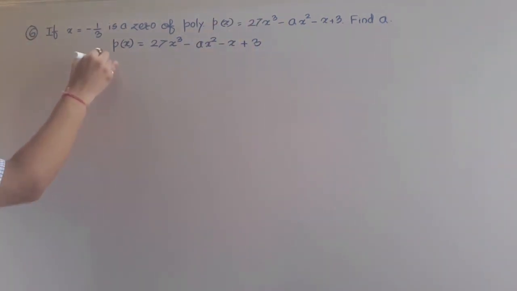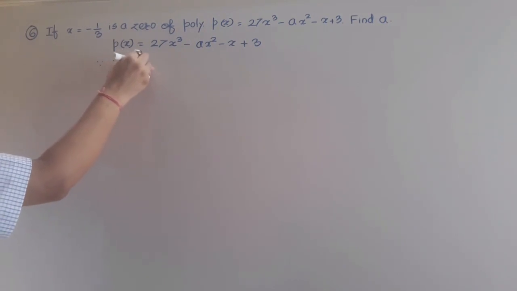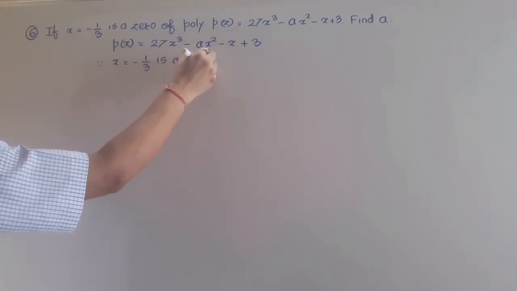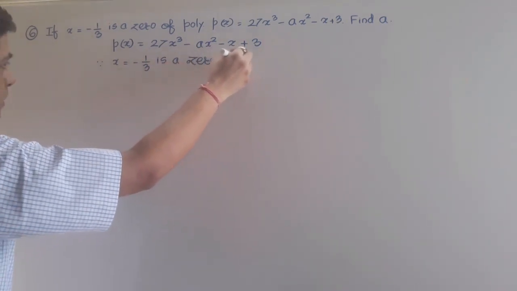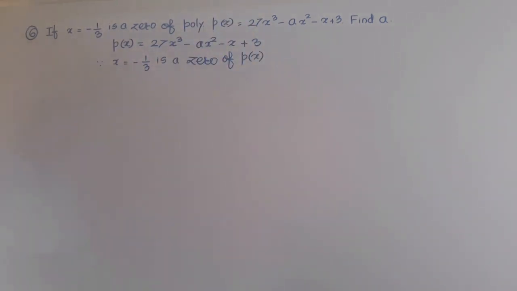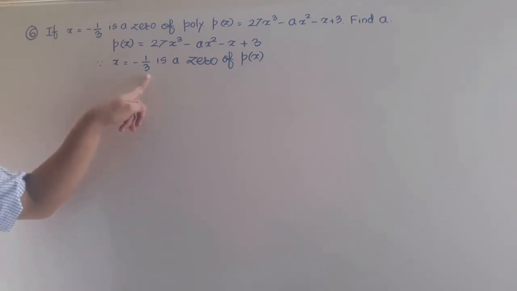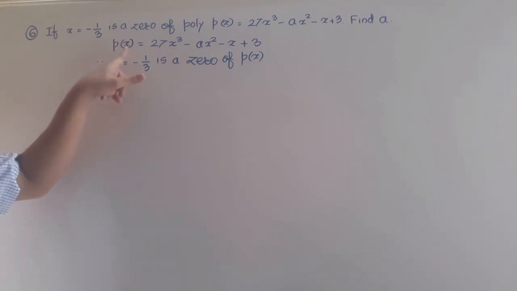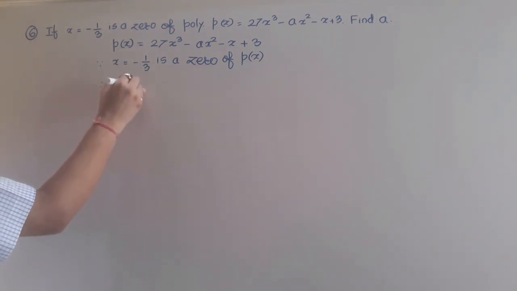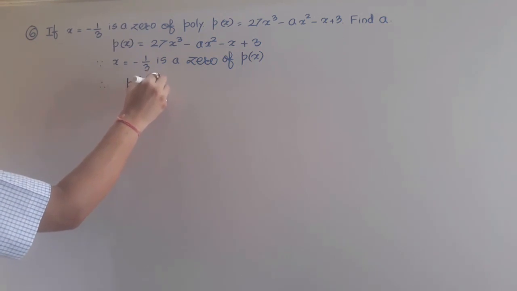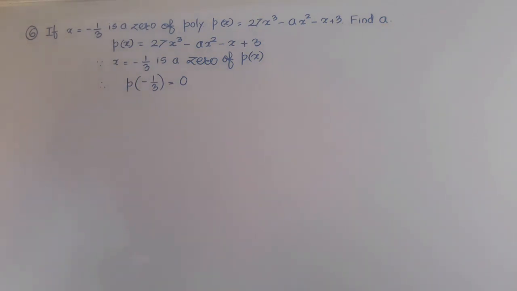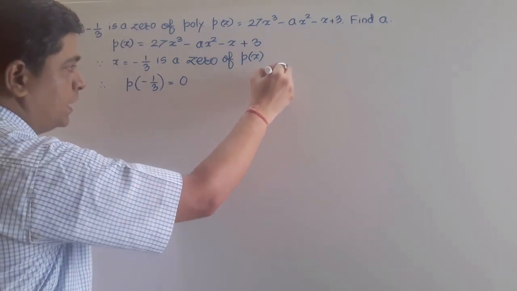Then I will write, since x equal to minus 1 upon 3 is a 0 of P of X, what we can say here is that since minus 1 upon 3 is a given 0, when I replace x with minus 1 upon 3 in the polynomial, the whole value will be 0. So in the form of an equation we can write P of minus 1 upon 3 is equal to 0.